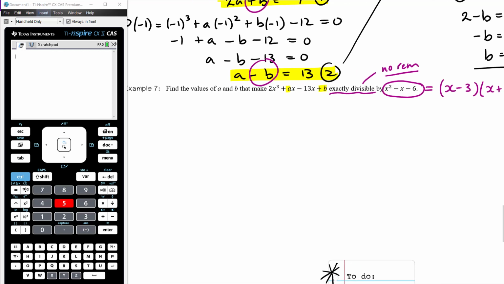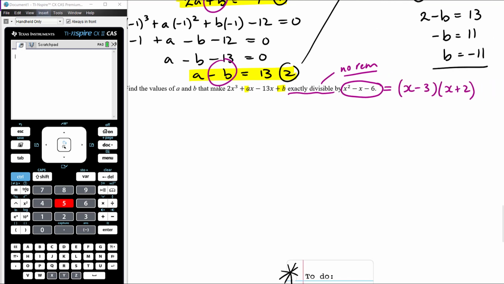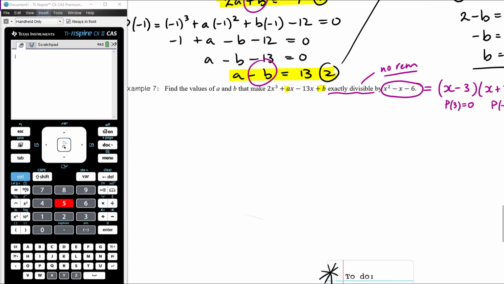Divisible by x minus 3 means that p of 3 is equal to 0, and divisible by x plus 2 means that p of negative 2 is equal to 0. So you want to think about breaking down your quadratic factor so that you get two linear factors, and then you know that the polynomial is divisible by both of those linear expressions.